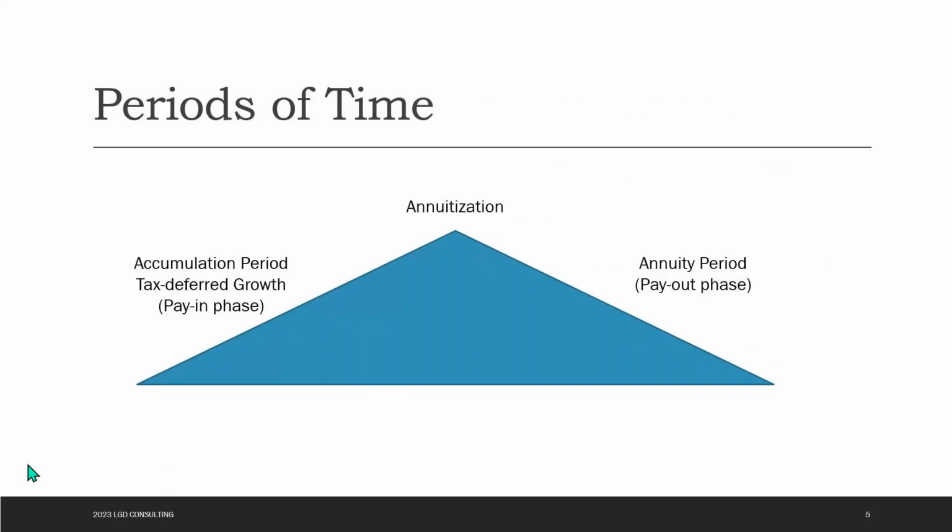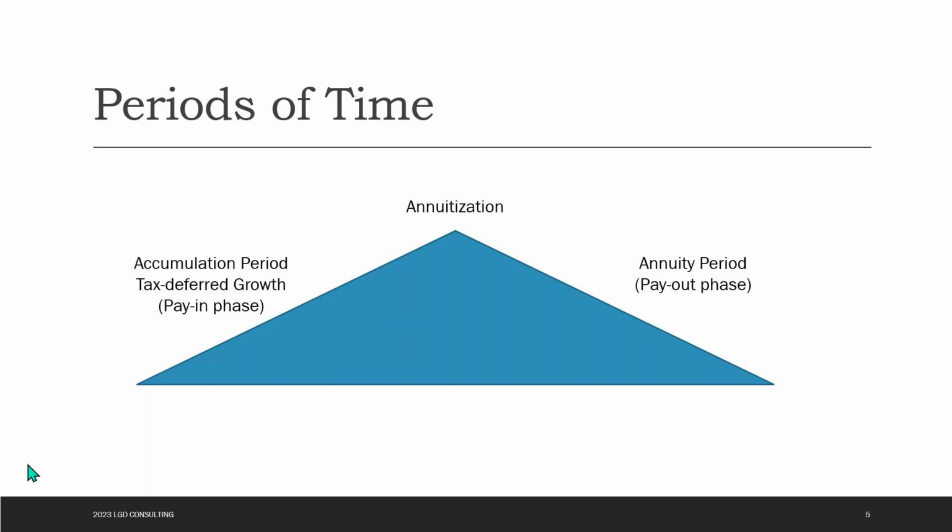So simply put, the periods of time in putting an annuity in place, you have the accumulation period where you're paying money in. It's growing on a tax deferred basis, so you put money aside. You don't get a 1099 every year. And then later on, such as a later date like retirement, you decide, I'm going to start taking money out. And this is what we call annuitization or annuitizing the contract.